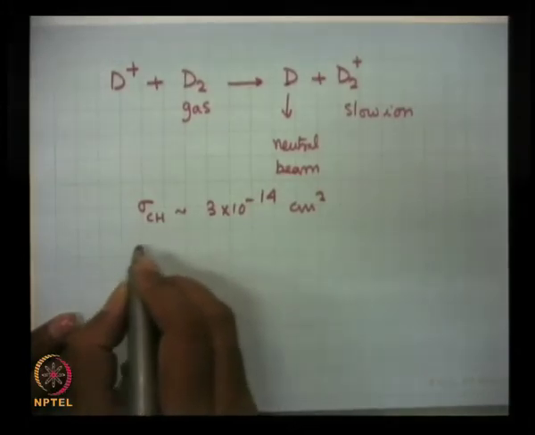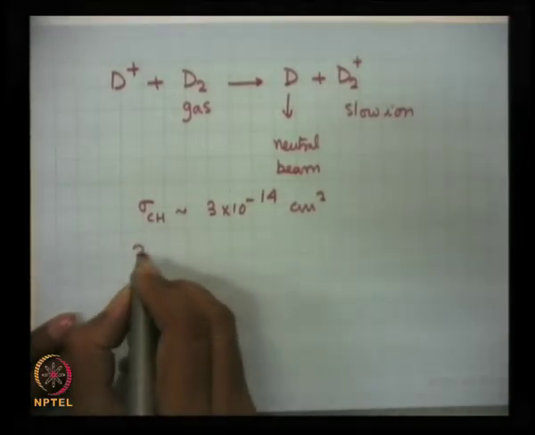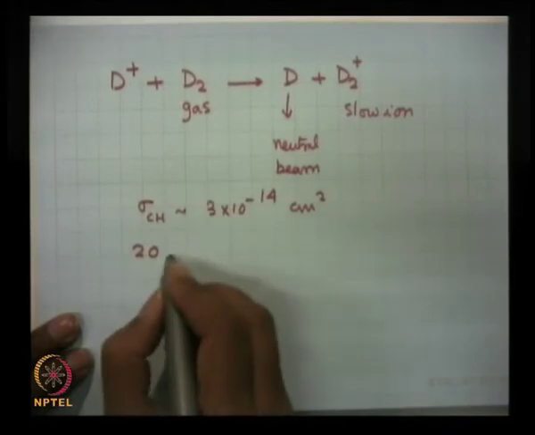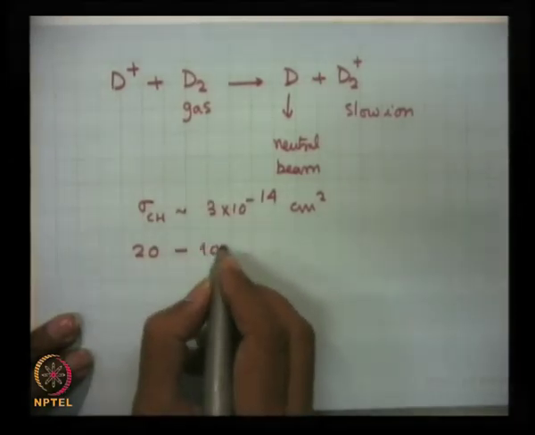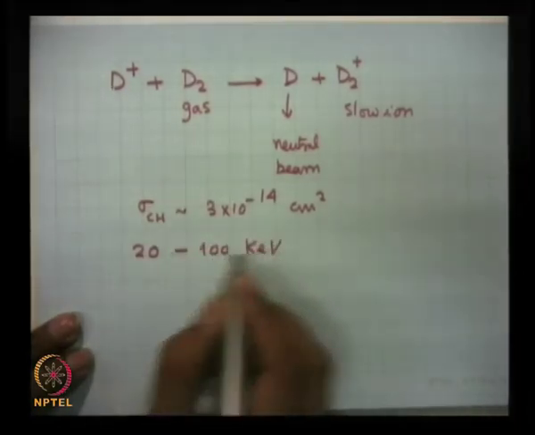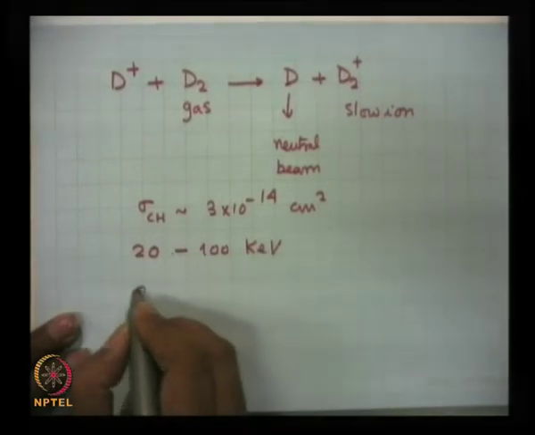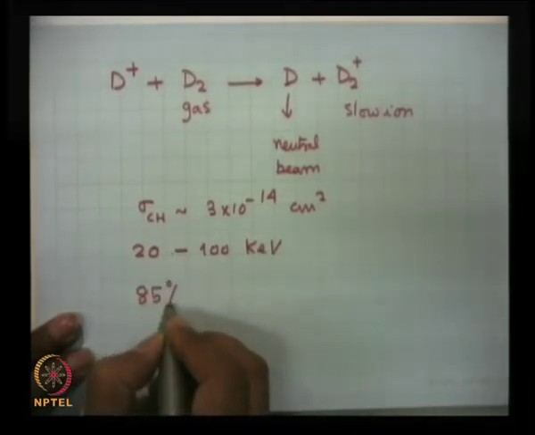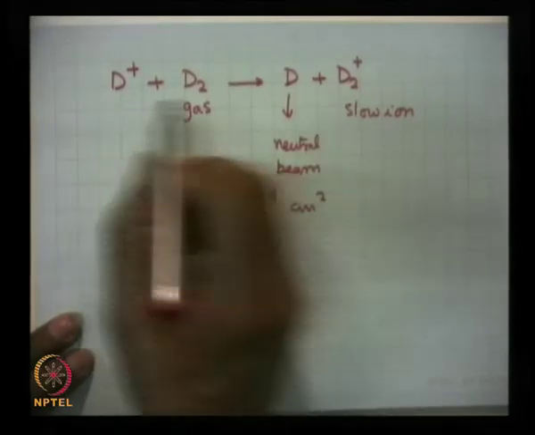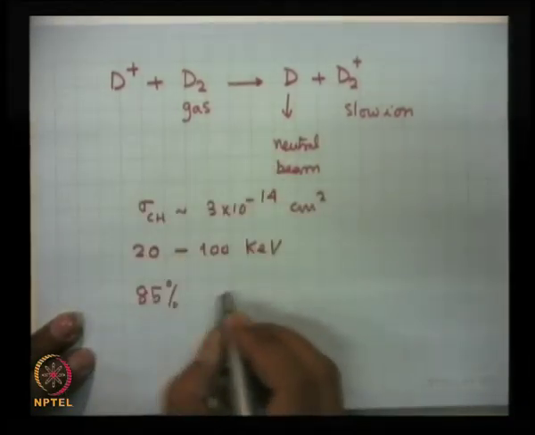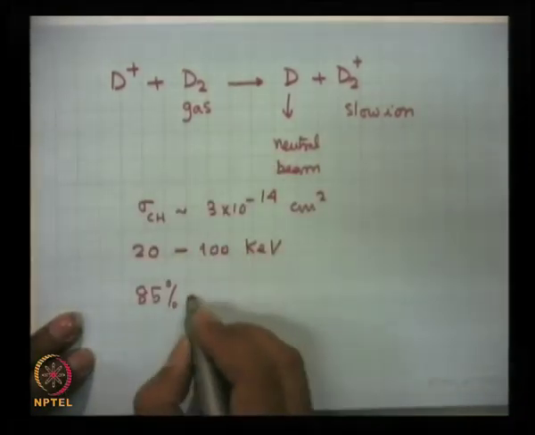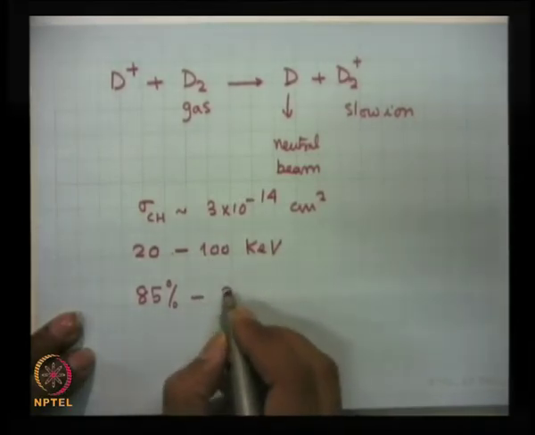I am saying that if you have deuterium ions in the energy range 20 to 100 keV, then you get 85% of the ions getting neutralized when they emerge. Otherwise, when the energy is increased, then this reduces to about 40%.